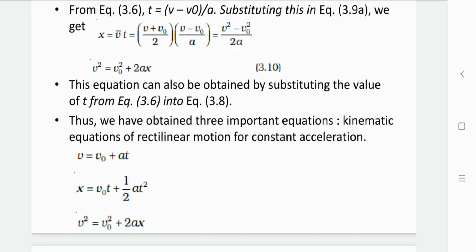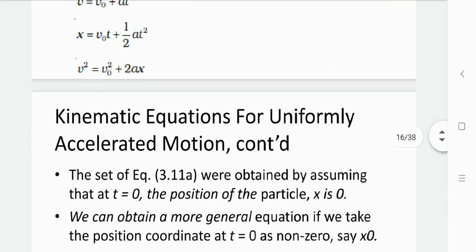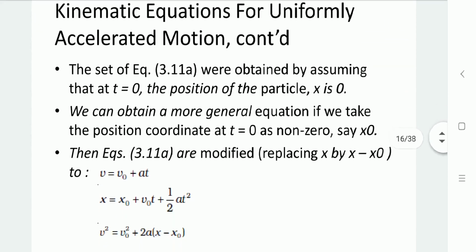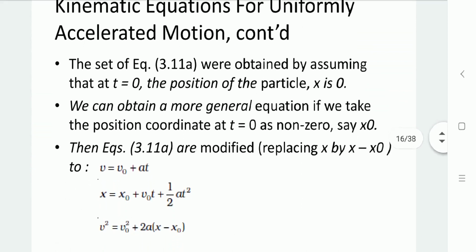These equations were obtained by assuming that at initial time t equals 0, the position of the particle is x equals 0. Let us make these equations more general. If we take the position coordinate at time t equals 0 with a non-zero value, then instead of x, let us replace x minus x0 in the above three equations.